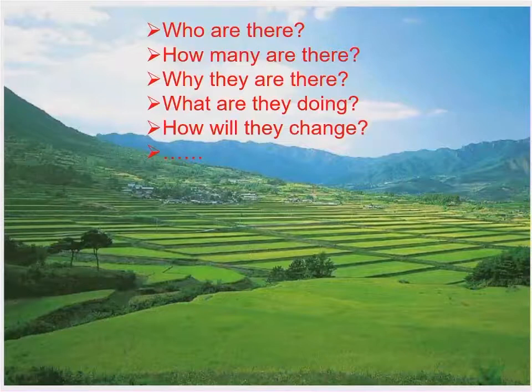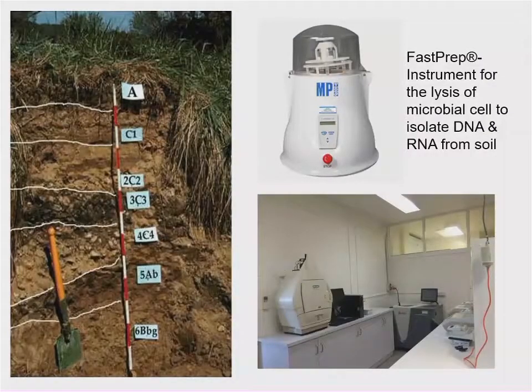And also, how will they change? Yeah, we often mention global change. How the global change will result in the microbial community change, and also the function of microbes will change. So basically, this is my research field. Firstly, we need to get the microbial DNA.